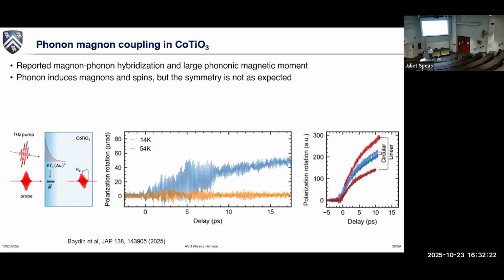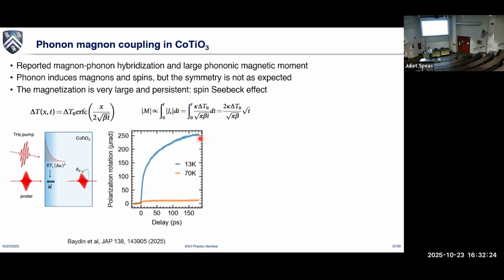What is more complicated is why, over a very long time, there's a net spin generation. Here we just use phenomenological models. Assume there is a spin Seebeck effect, which means the magnetization is somehow proportional to the heat flow. That would agree with the time dynamics we see here.